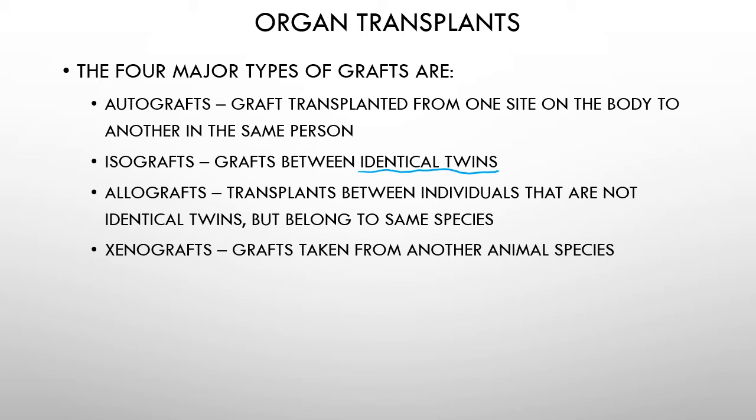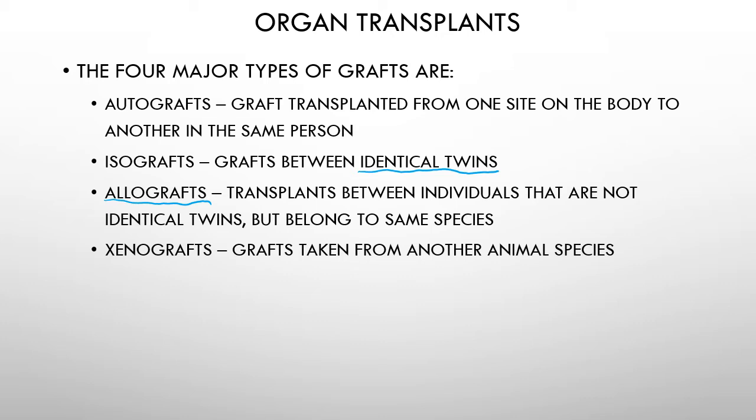Most transplants are allografts, and so allografts are going to be between people that are just not related, but their tissues themselves are close enough in terms of their antigens that they're a tissue match. And so we have the potential that our body's not going to have as strong a reaction against it and try and destroy it completely.